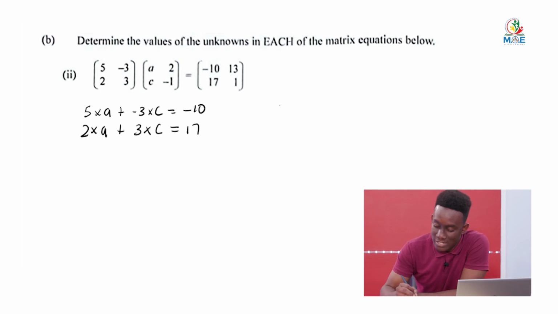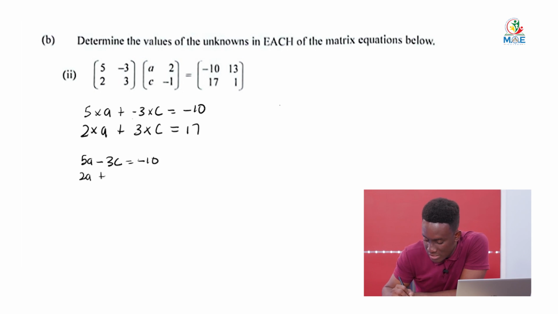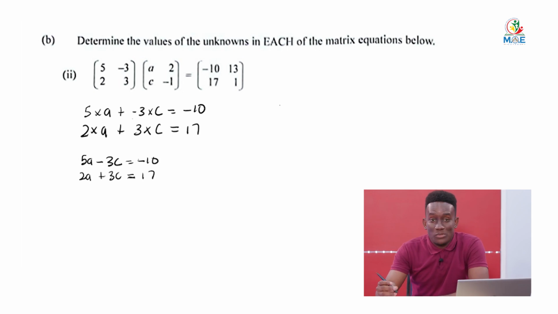We're just dealing with the matrices with the unknown. So we can simplify this. 5 times a will be 5a, plus and a minus is minus, 3 times c will be 3c, is equal to negative 10. 2 times a is 2a plus 3 times c is 3c, is equal to 17. So now we have a pair of simultaneous equations to solve.